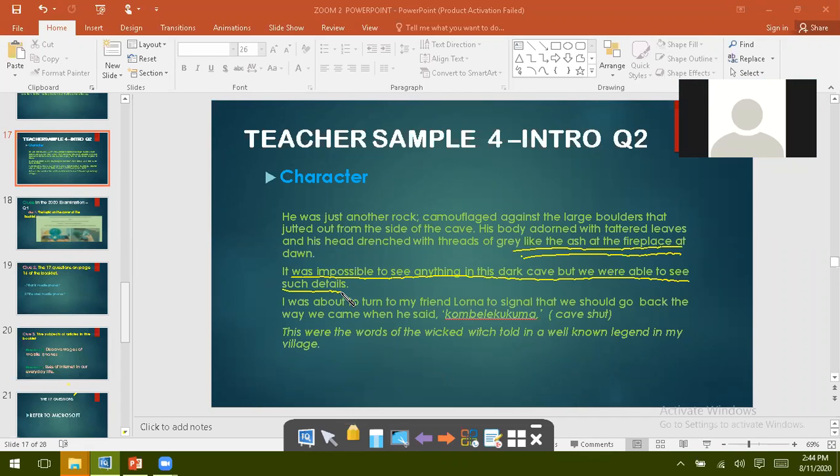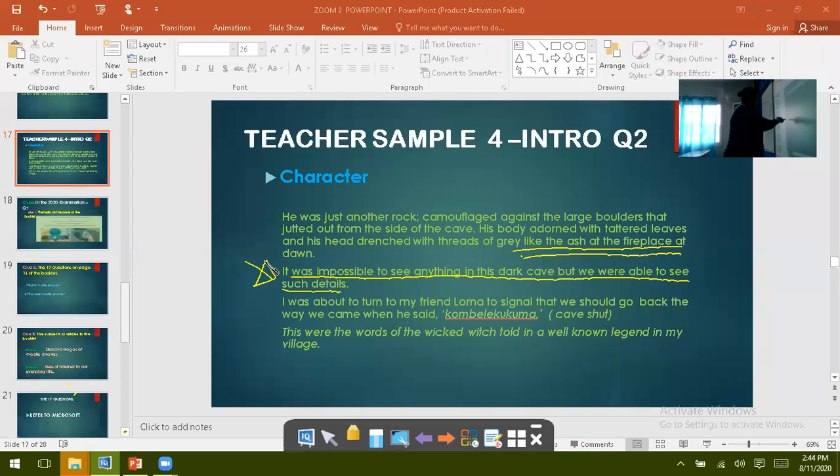It was impossible to see anything in this dark cave, but we were able to see such details. So what are we saying here? How is it that we cannot see in the dark, but we can see such details? So something supernatural, some kind of foreshadowing, giving some kind of clue as to what to expect in this story. All right?